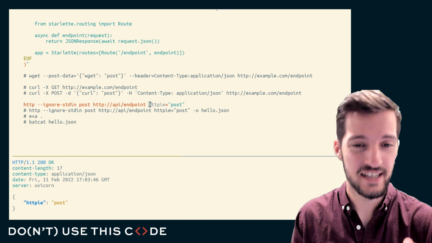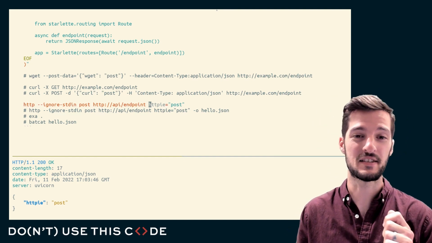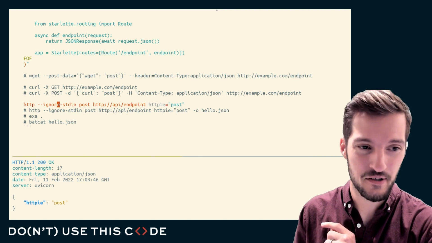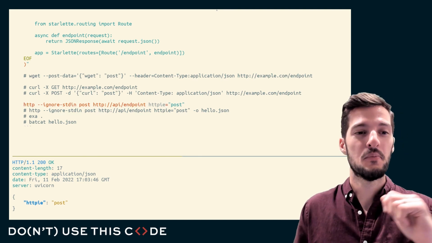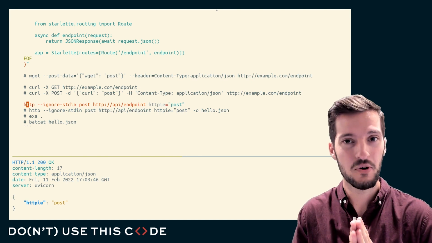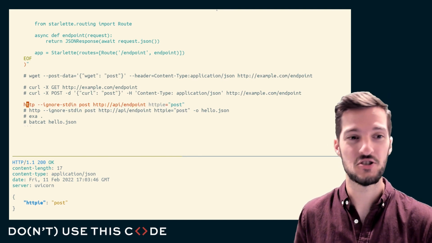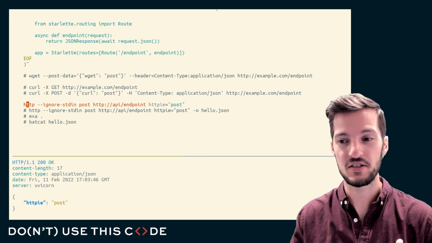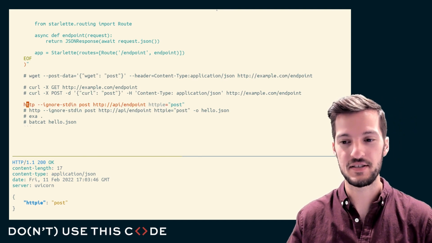Very easy to read, and the reason that I don't have to pass in the content type application JSON in the header is that's the default header for HTTPie. Modern developers, modern tooling, the world of the web works with APIs in JSON right now. And so that is why these are smart defaults to use for this technology.